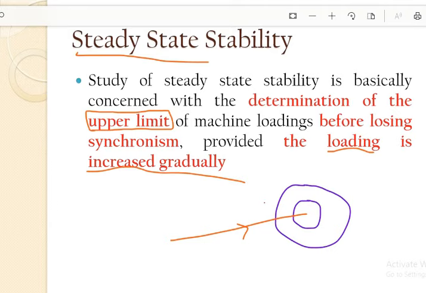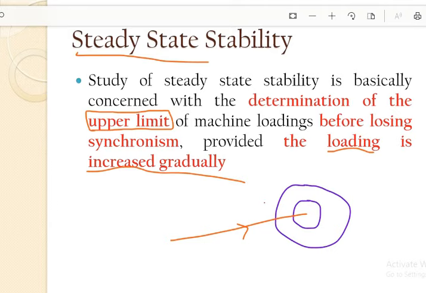That upper limit is called the steady state stability limit. Okay, the key point to note here is that the gradual increase of load is associated with steady state stability, not a sudden increase. If a system is capable of withstanding that gradual increase in load, your system is steady state stable.